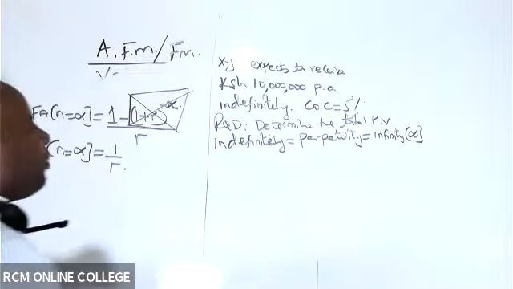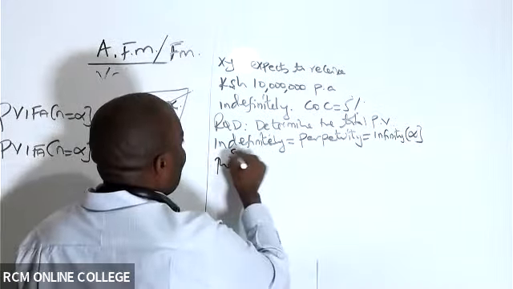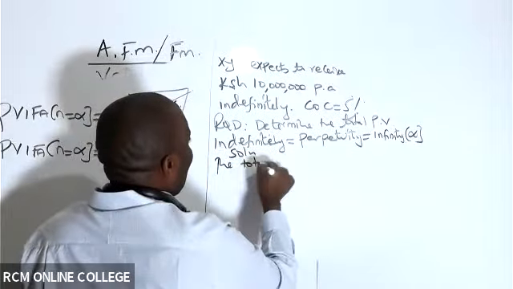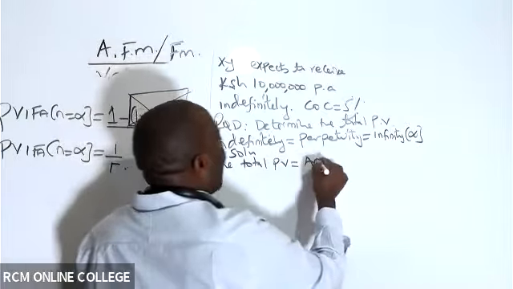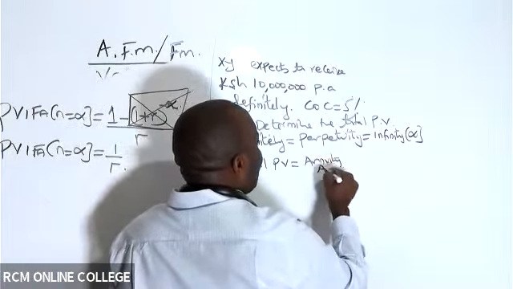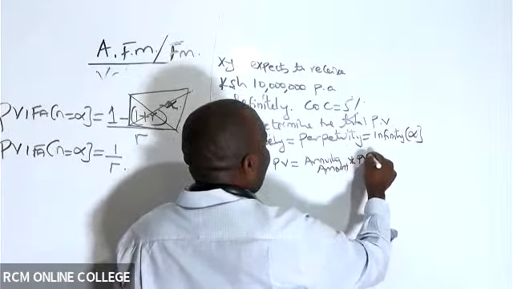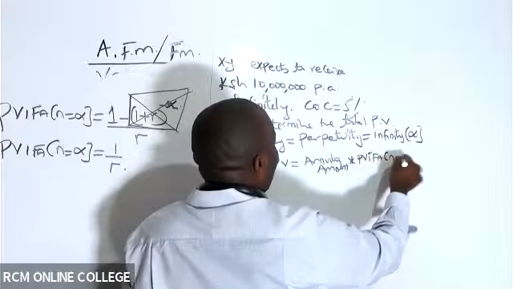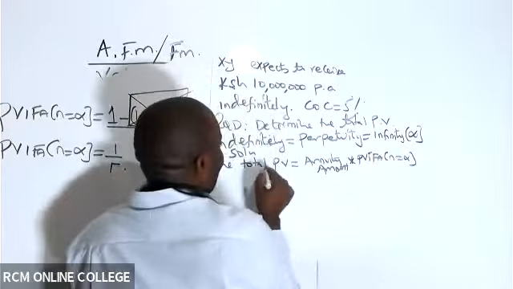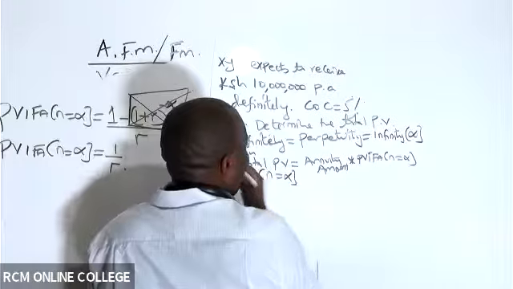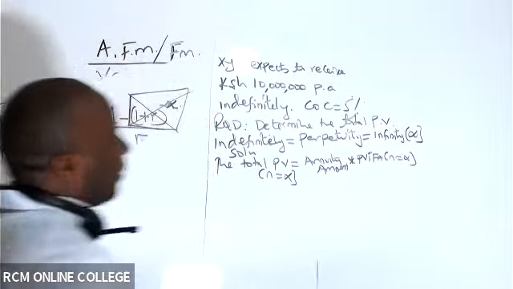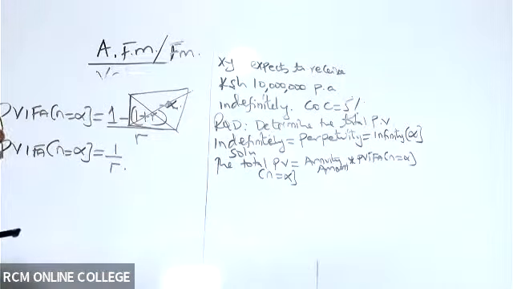So in this case, for me to get the total present value, I will take the annuity amount and multiply it with the PV far when n is infinity. You want the total present value when n is infinity: annuity amount times PV far when n is infinity.